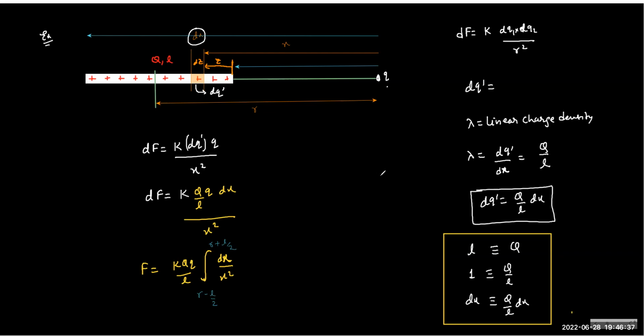But now how should I write Coulomb's law in terms of z?